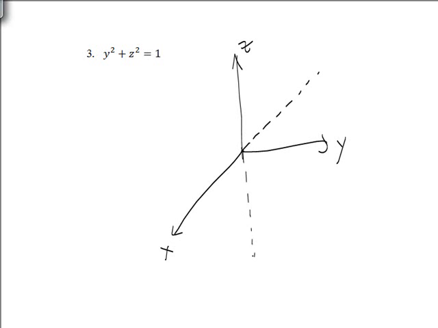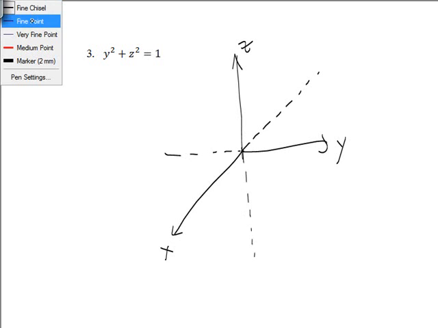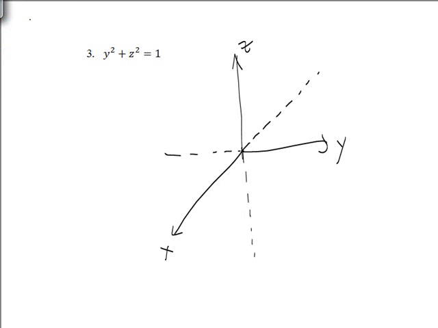Okay, so we have, let me use another color, a circle, radius 1, center the origin, and just move it along. And so on. And you just draw it.